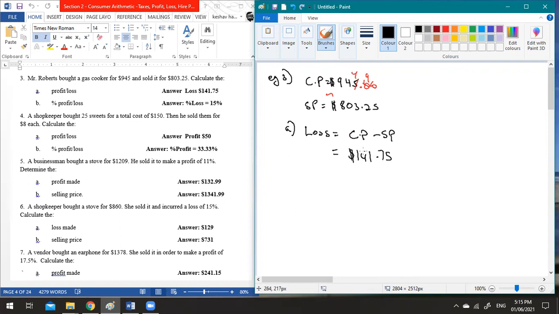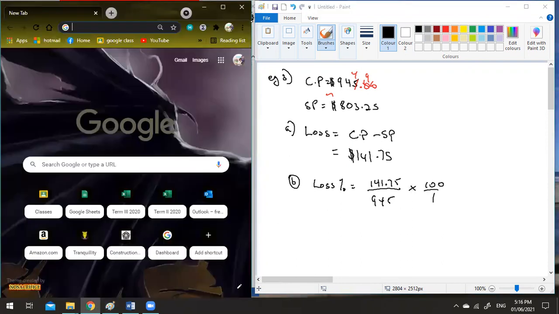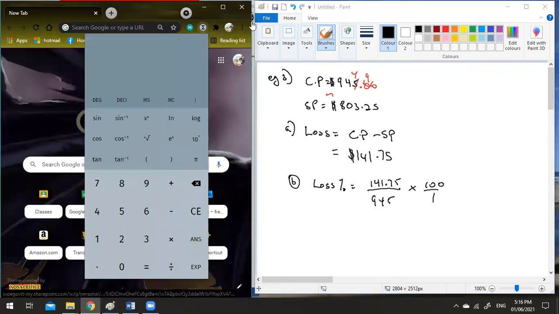So he made a loss of $141.75. And his loss percentage will be the loss, which is 141.75, over the cost price, 945, multiplied by 100 over 1. Again, we should have a calculator to work this out.